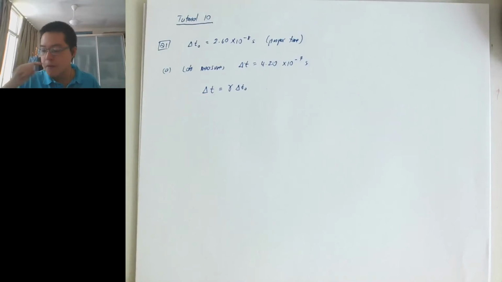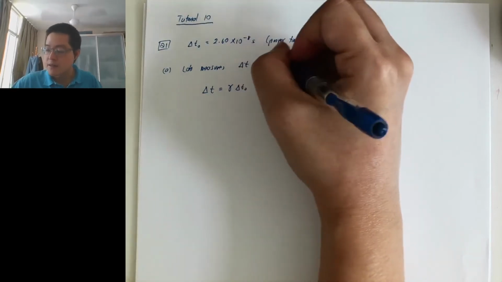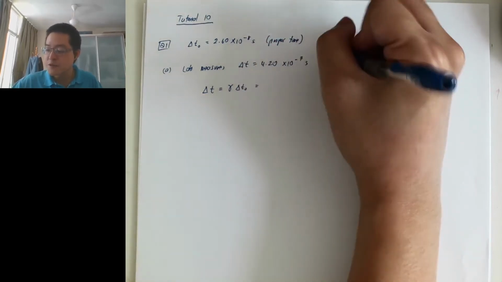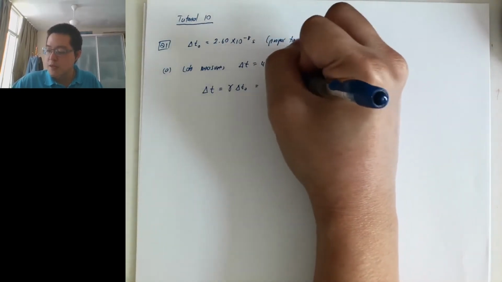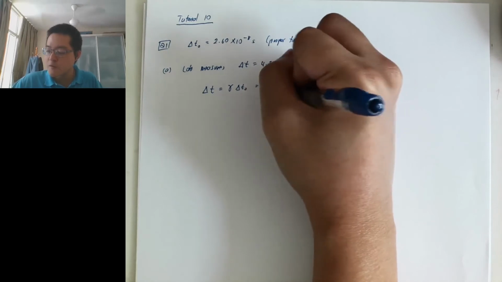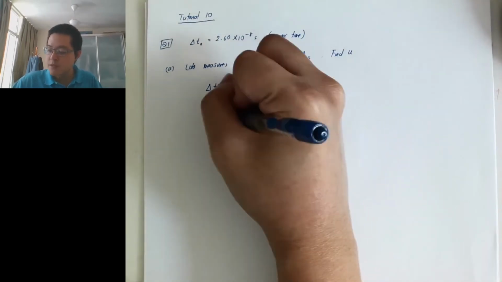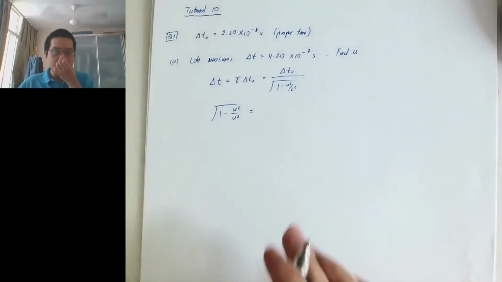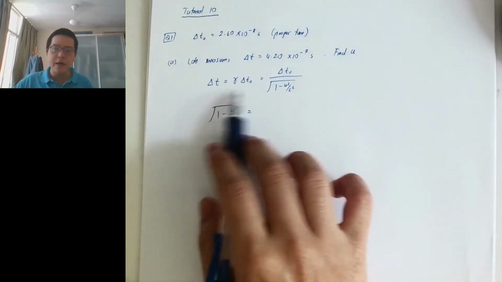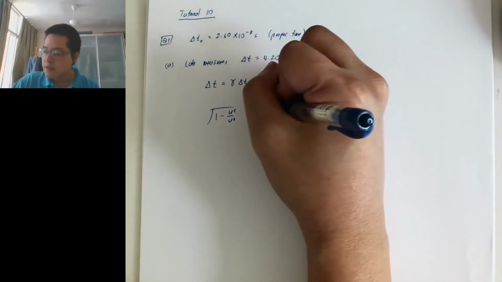Okay, so from here we want to determine the speed relative to the lab. So I want to find u. So delta t equals gamma t0, which equals t0 over the square root of 1 minus u squared over c squared. So we just need to perform this calculation. Once we identify the parameters correctly, the rest is very straightforward.